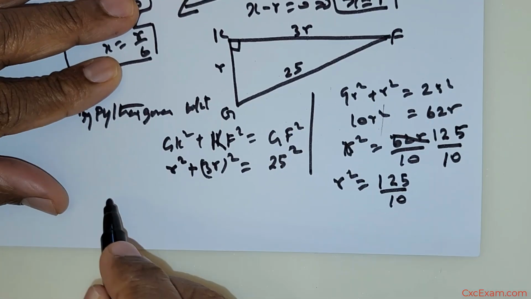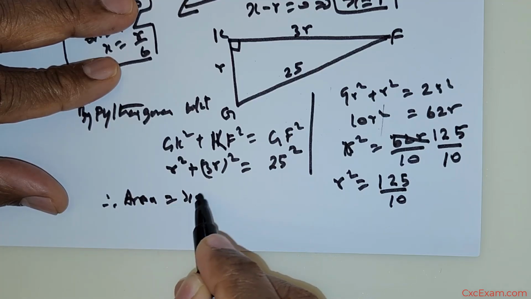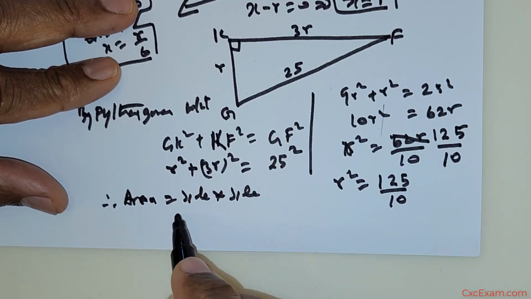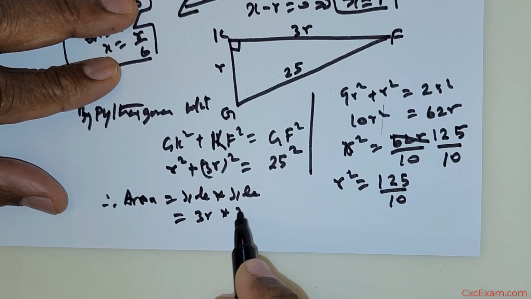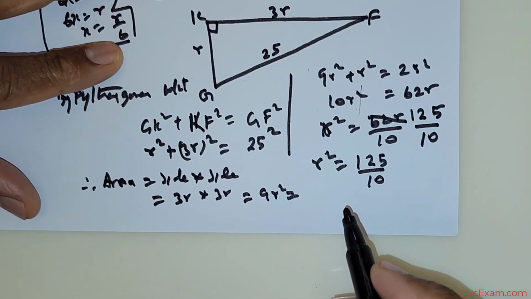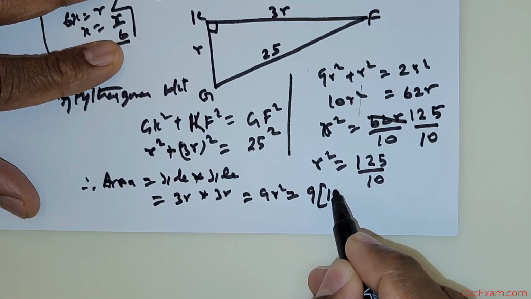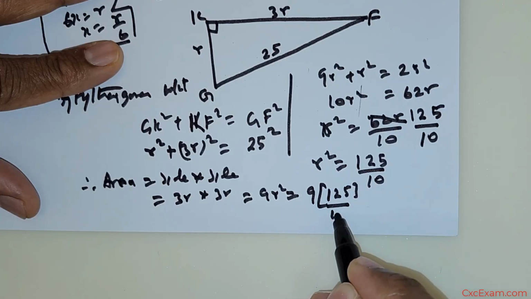Therefore area is side multiplied with side, which is 3r multiplied with 3r, which is going to be 9r². But what is r²? r² is 125 divided by 10.